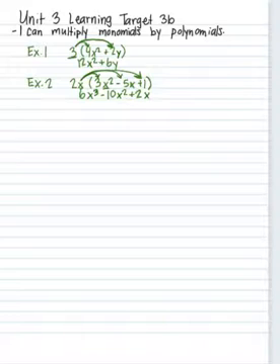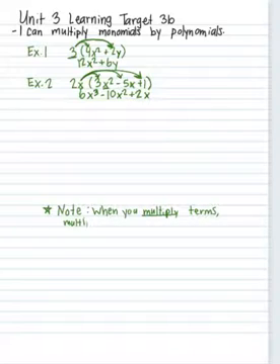So something to note that you maybe picked up on there. When you multiply terms, you multiply the outside number and add your exponents.